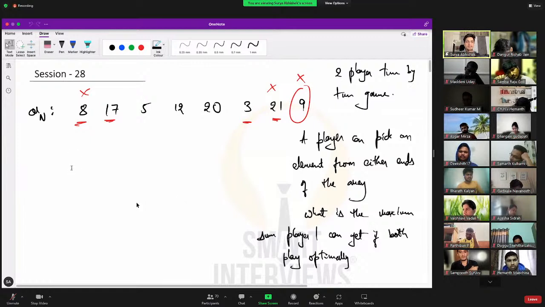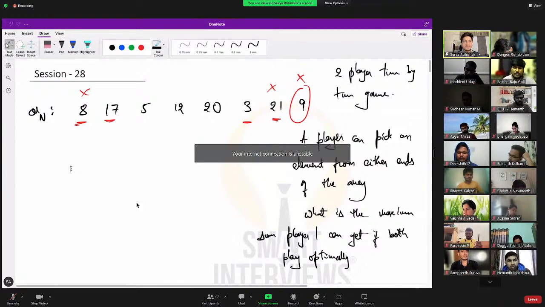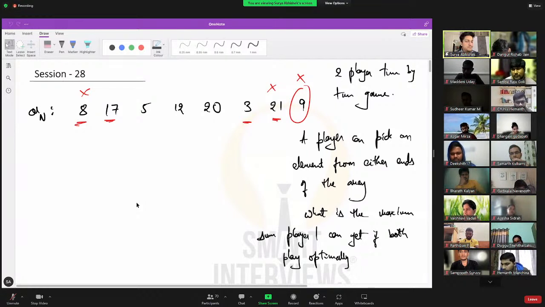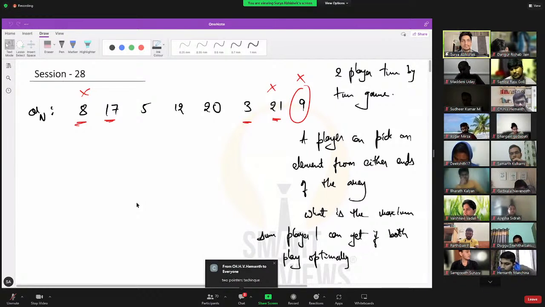All right, ideas? Ideas, observations, whatever you have, you can share. Selecting the maximum number every time.